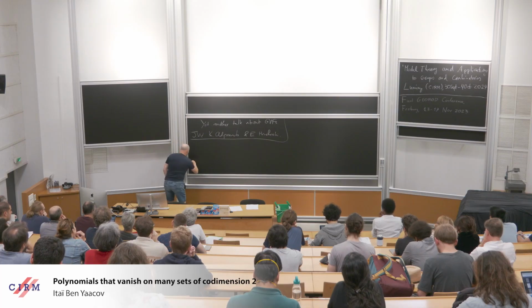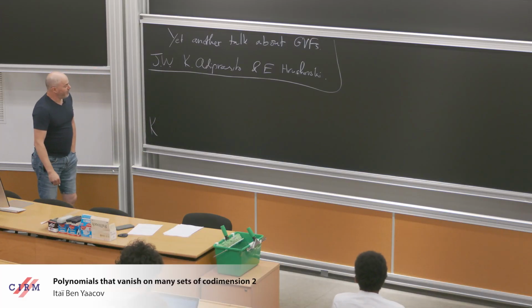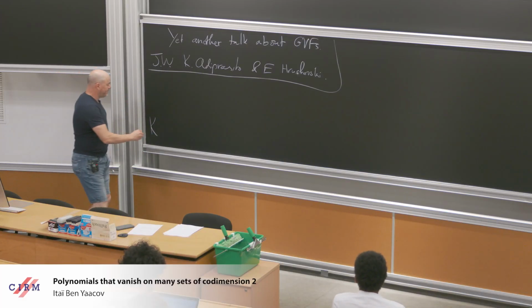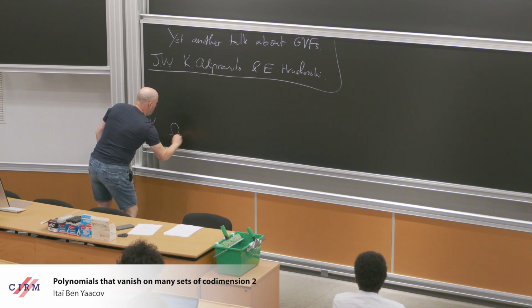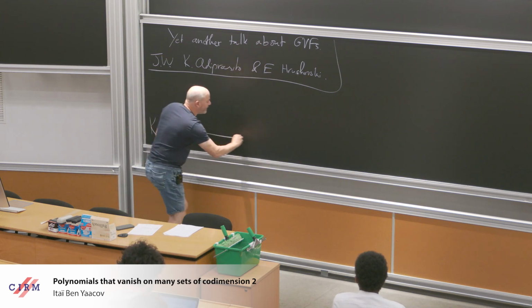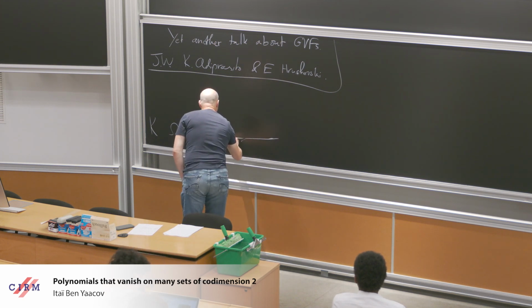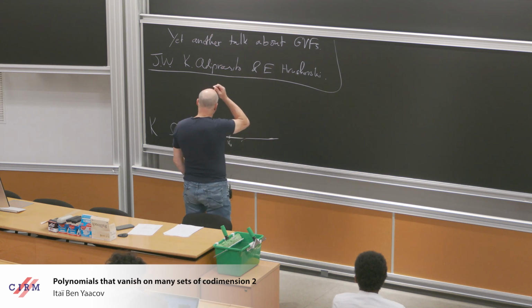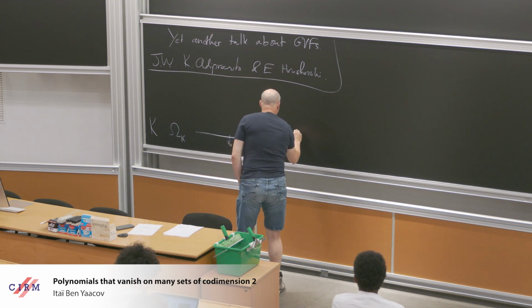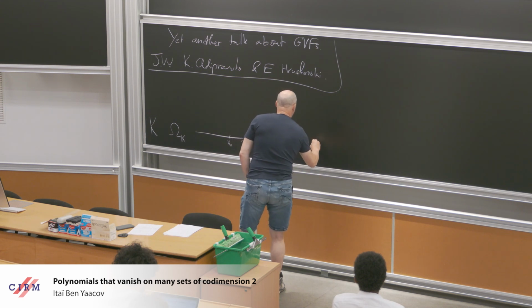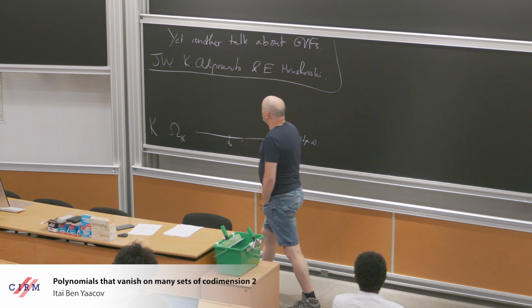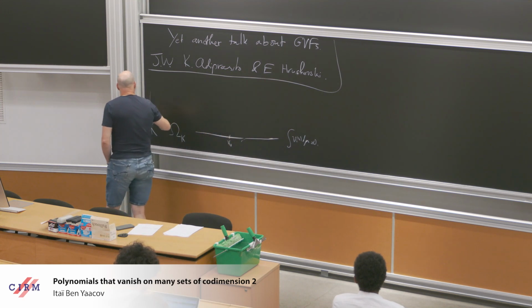You have a field K, and then you have a measure space, let's call it omega of K, and this omega indexes valuations of K, and you have the sum formula. For all x non-zero, the integral of the valuation of x d mu over all of omega is always going to be 0. Now, what happens when you have a GVF extension?